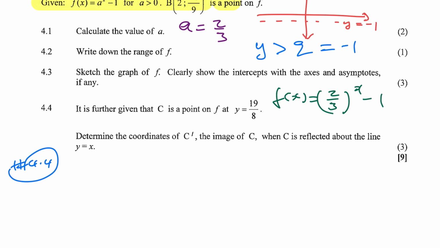What does it say? We're given c, but we don't know the x value of c, but we know the y value of c is equal to 19 over 8.